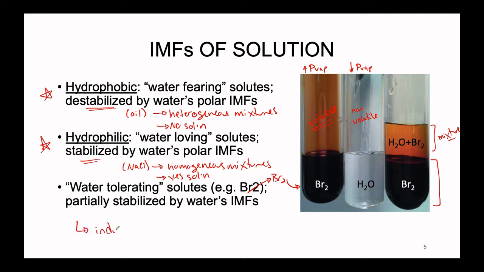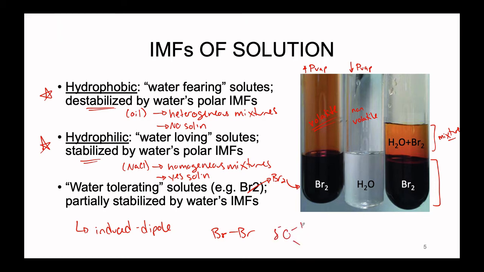we call induced dipole intermolecular forces, where bromine in its covalent form naturally does not have a dipole moment. However, it is a pretty small molecule, and due to the large elemental sizes of bromine is fairly polarizable.